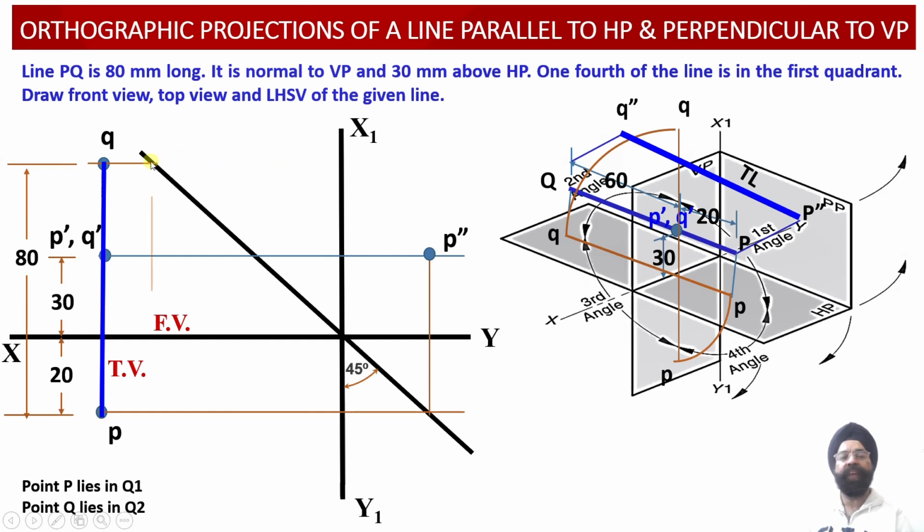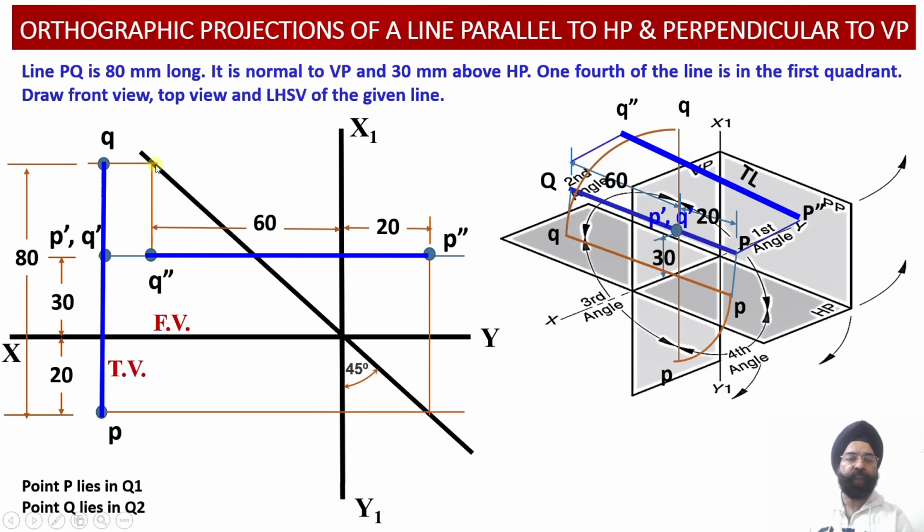Because of this angle of inclination of 45 degree, this distance is now 60 millimeter behind the vertical plane. Now you can see this distance is 20 millimeter in front of the vertical plane, and this distance is 60 millimeter behind the vertical plane, so that the total distance between points P and Q happens to be 80 millimeter.